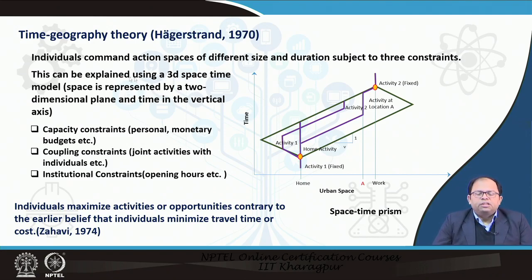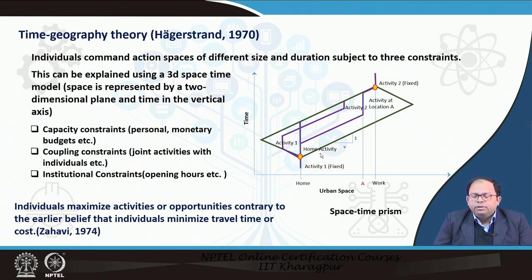So this could be explained using a 3D space-time model, where space is represented by a 2-dimensional plane. For example, this is the urban space and this is time. So we have this 2-dimensional plane over here, where space is represented in this particular plane and time is on the vertical axis.